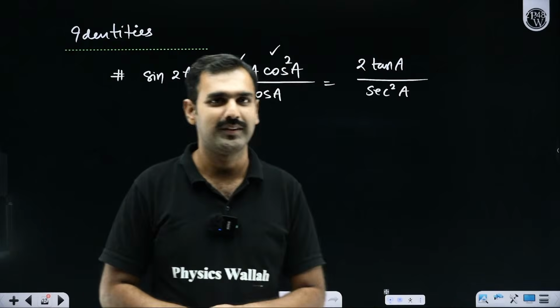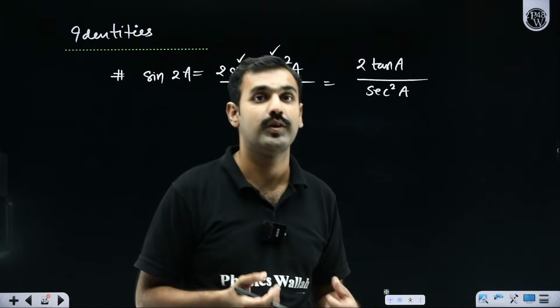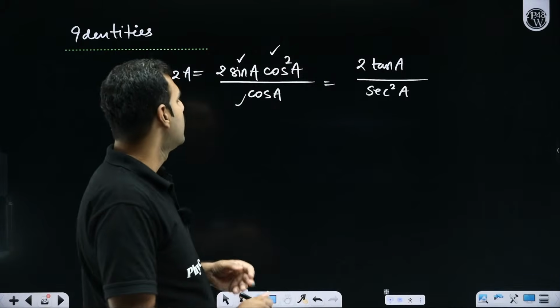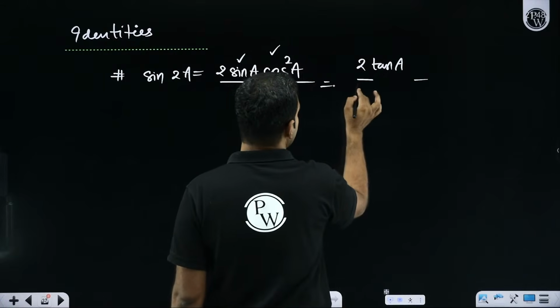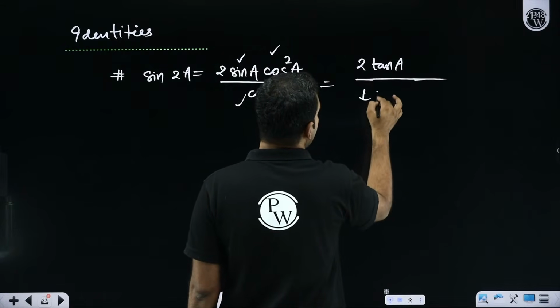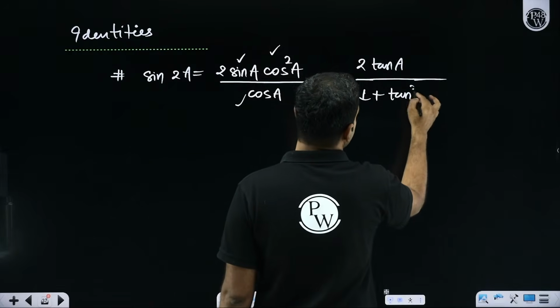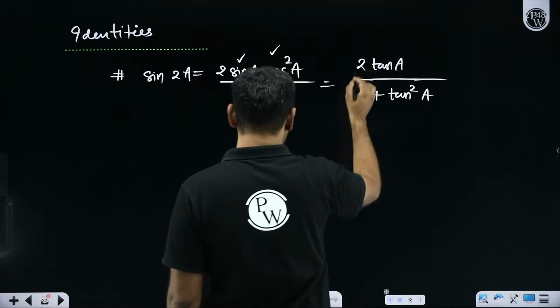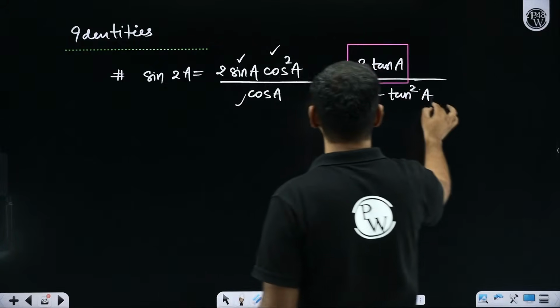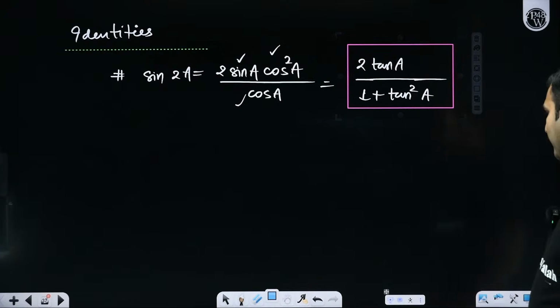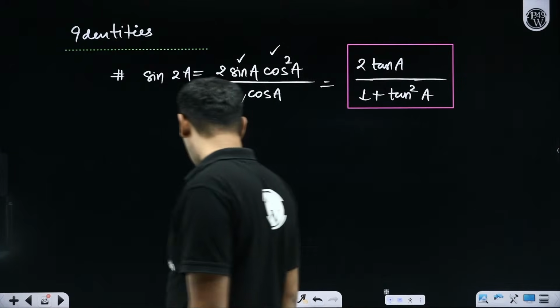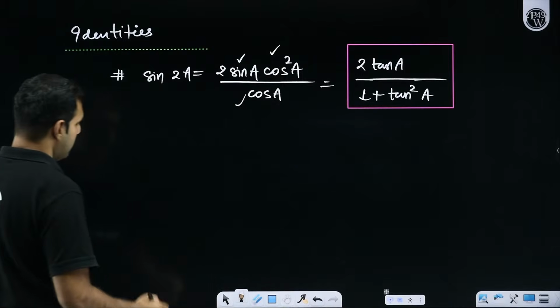They can ask you anything depending on the requirement of the question. So sec square theta we know is 1 plus tan square theta. So unfortunately you get one more identity added to your life: sin 2A is 2 tan A upon 1 plus tan square A. I hope I'm not confusing you all with all of this information, yes or no?